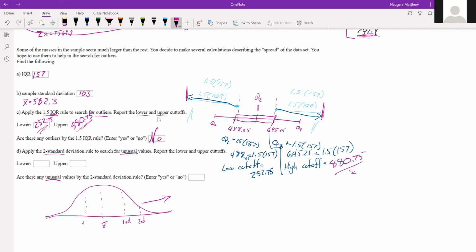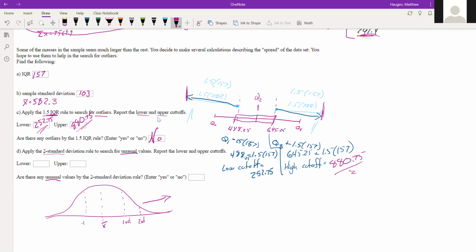Well, how are we going to apply it? We have to go back and grab the 582.3 that it never asked us to find. We have to go grab it and add 2 standard deviations up to it to get that bound, and subtract 2 standard deviations from it to get that bound.